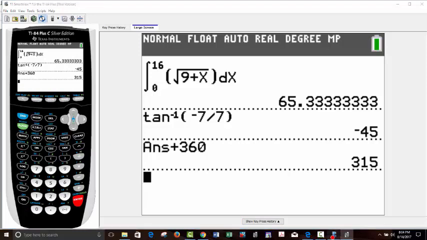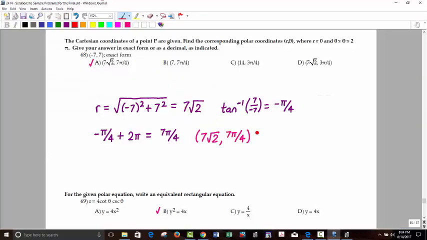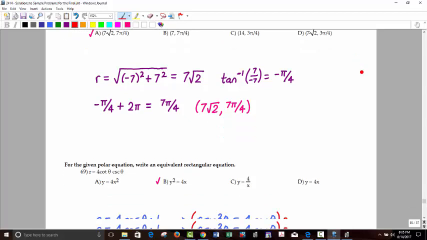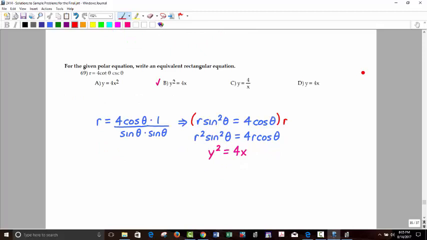So it's 315 degrees, which also translates on the unit circle to 7 pi over 4. In other words, negative pi over 4 is not mathematically wrong. It's just not the equivalent coterminal value that fits from 0 to 2 pi. So that's often the case when you're converting from Cartesian to polar, that you have to pay attention to where the angle should lie. Alrighty, number 69.